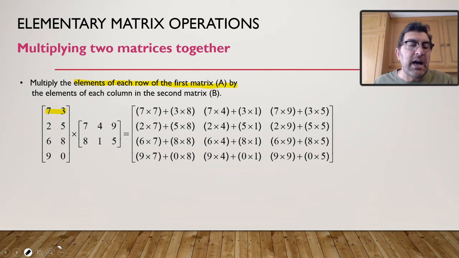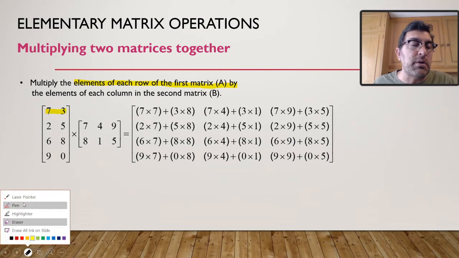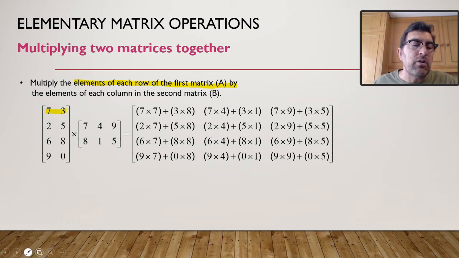Now let's see, how am I supposed to multiply these together? Oh, I want my pen, sorry. If I look at the first row over here, it says multiply the elements in each row by the elements in each column of the next matrix. So if I use row 1, I must use column 1.